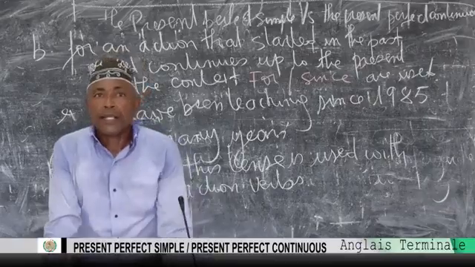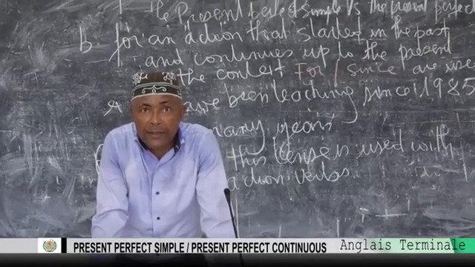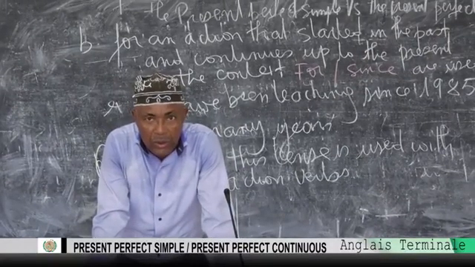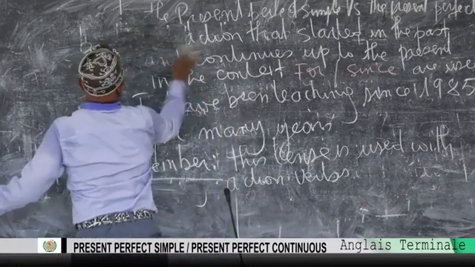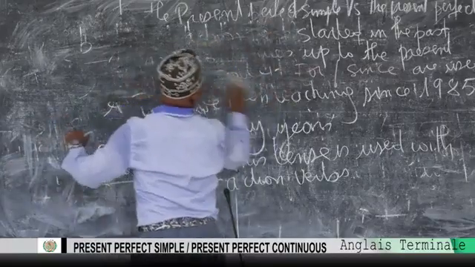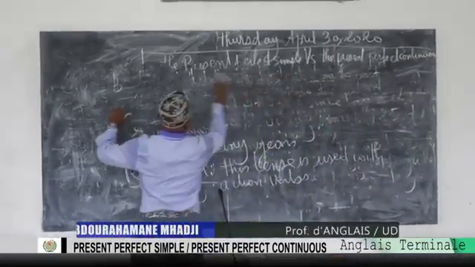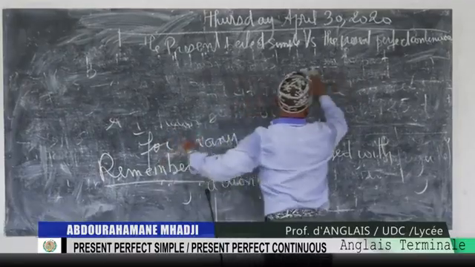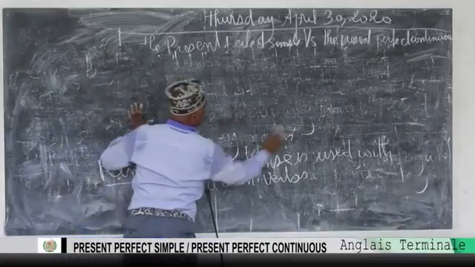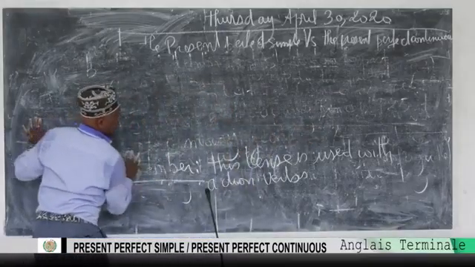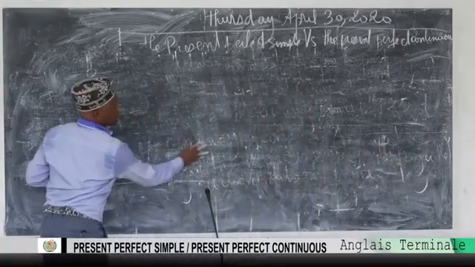Now, let's move on to the last part of our lesson, that is exercises. We are going to do 2 exercises. One exercise in which you have to put the verb either into the present perfect simple or into the present perfect continuous, and this will be followed by a translation exercise.